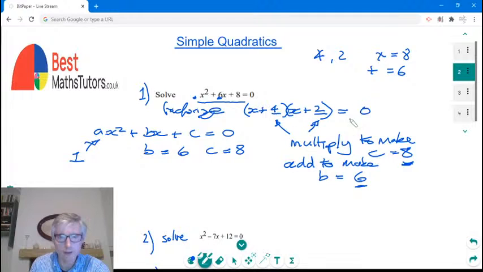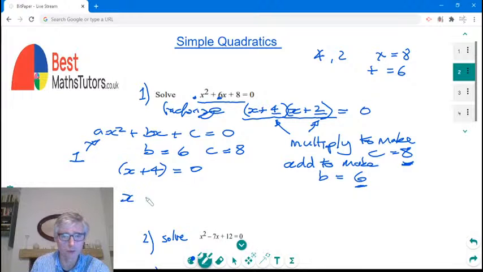So we've factorised it in the form x plus 4 times x plus 2 equals 0, and because it's equal to 0, there's only one way that could be the case. Either the x plus 4 would have to equal 0, or the x plus 2 would have to equal 0.